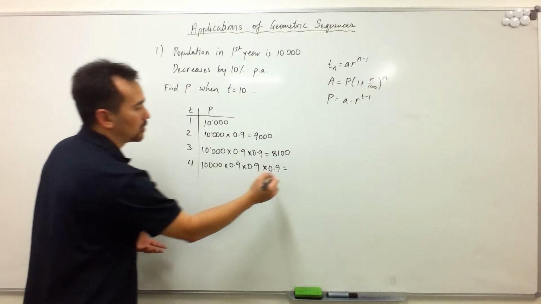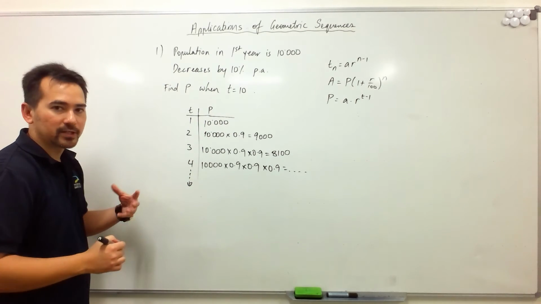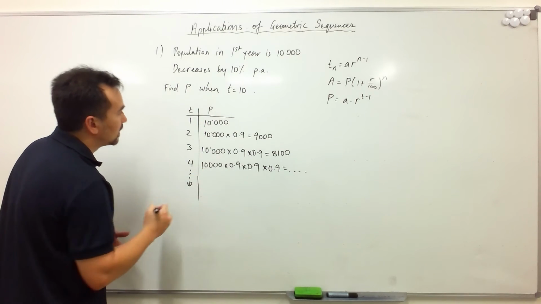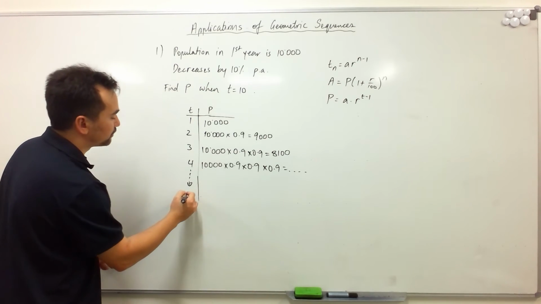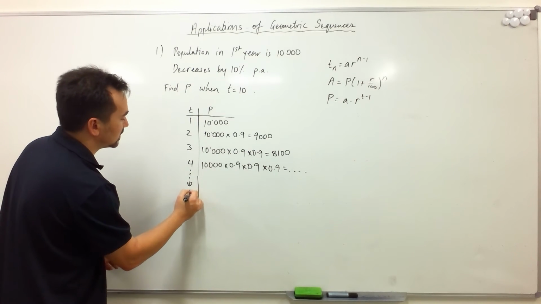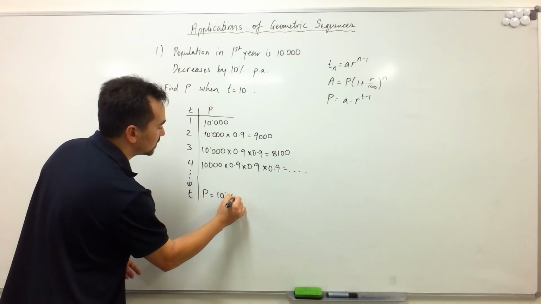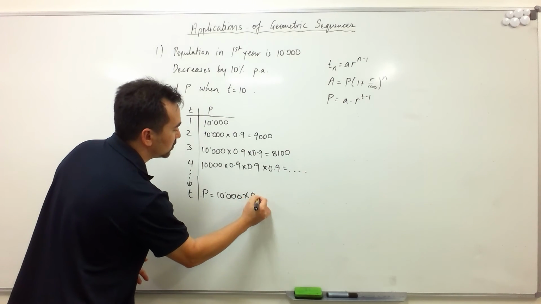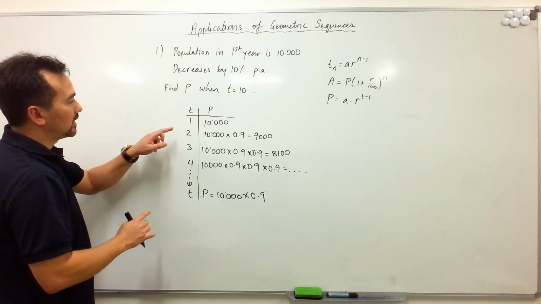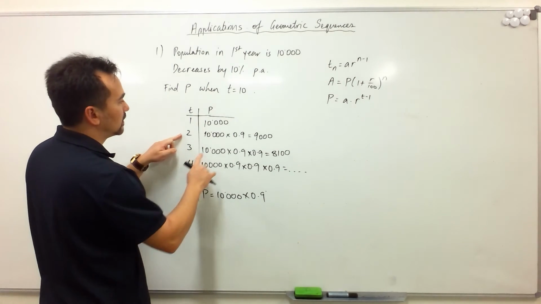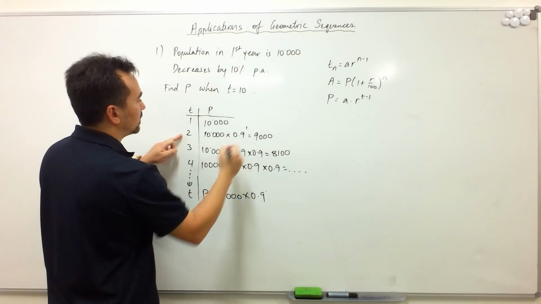Now, I'm not really interested in what that value is. What I am interested in is establishing the pattern. So if we want to know what the population is, then let's call this T, and the population is basically 10,000 times by 0.9 to some power. Well, if T is 2, this is 0.9 to the power 1.